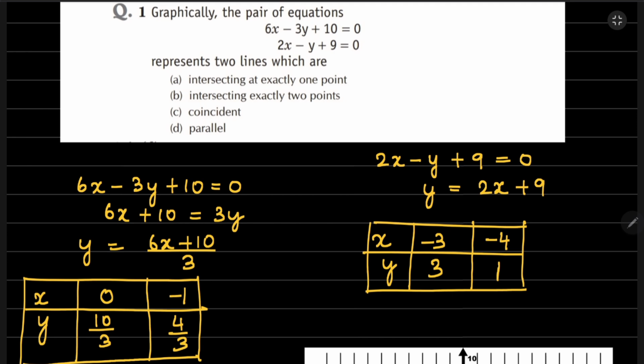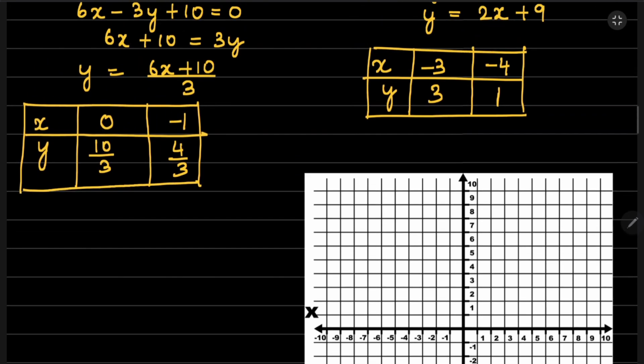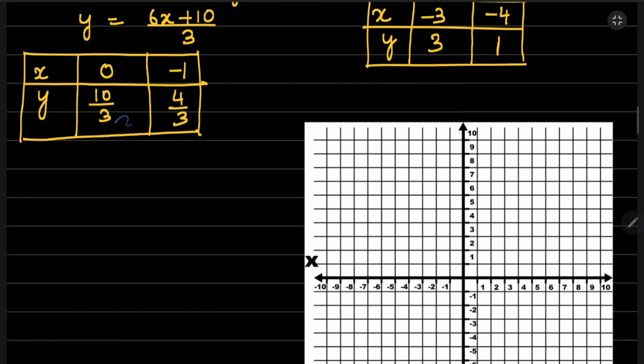Now let us plot this. I've got a graph. For the first line, let's plot. 10 by 3 is nothing but 3.3, and 4 by 3 is 1.3, so that it's easier for me to plot it.